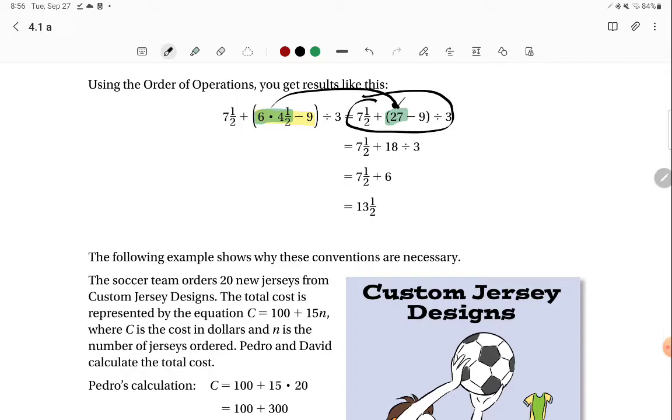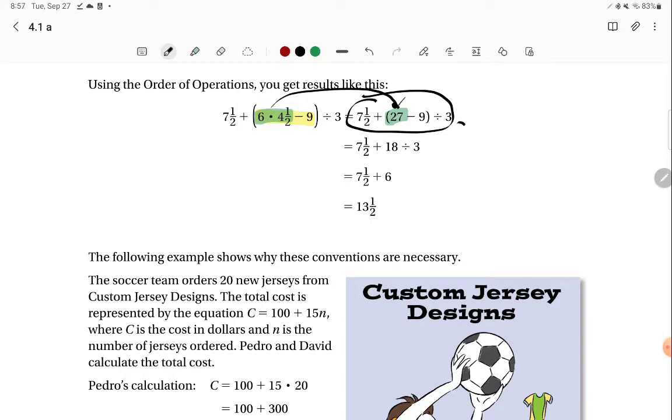It's very important that you're writing everything down. And that's not for me. If you come and ask me where did I go wrong, yes, that work is really helpful in me helping you. But the work is primarily only for you. Because if you're skipping these steps and you get something wrong, it doesn't make sense. If you write it out, you have something to go back to. And you're less likely to make mistakes if you're writing all of your work out as well. So it's extremely important that you do that.